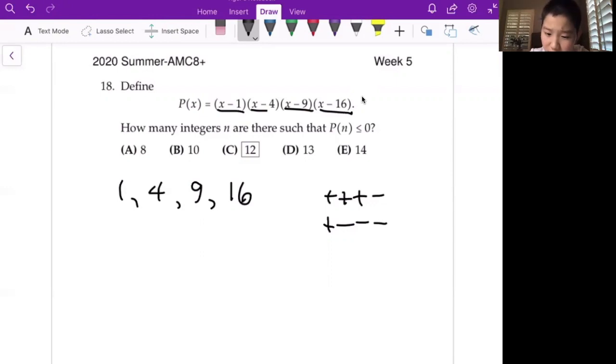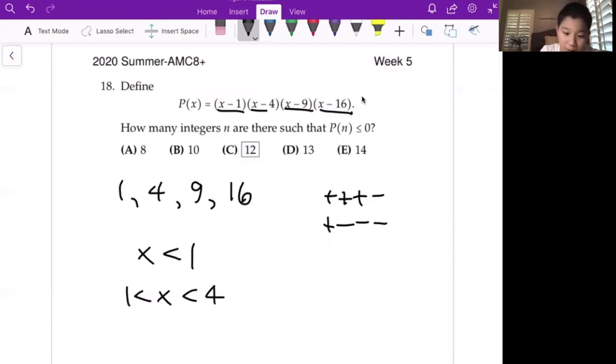So how are 3 of them positive and 1 of them negative? Let's see. If x is less than 1, all of them are negative, right? If x is between 1 and 4, then 3 of them are negative and 1 of them is positive.